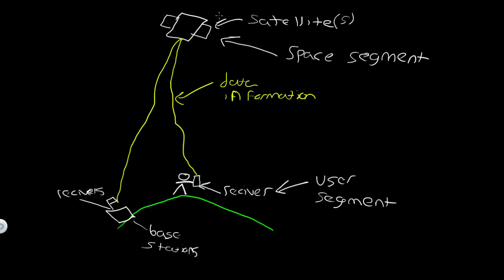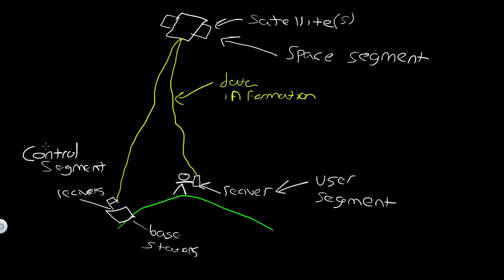Now, just like satellites had the space segment, us with our receivers were the user segment, these base stations we call the control segment, or control component. I'm using segment rather than component, but I'm using those terms interchangeably.